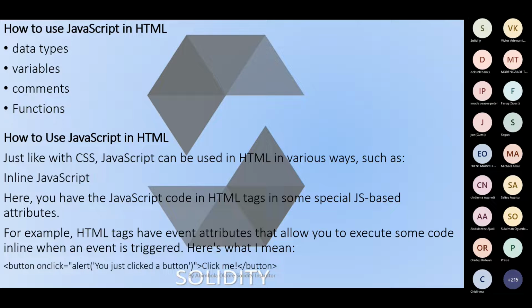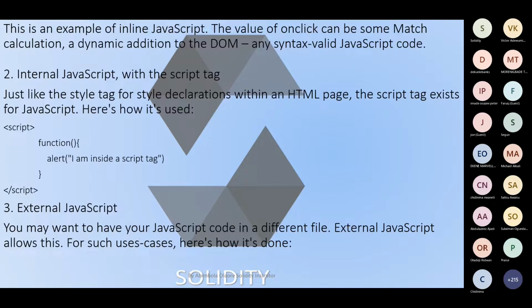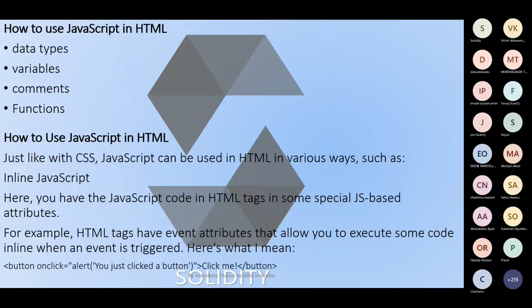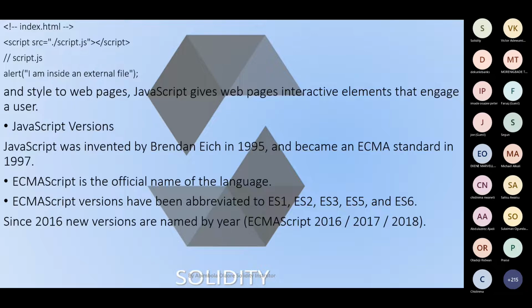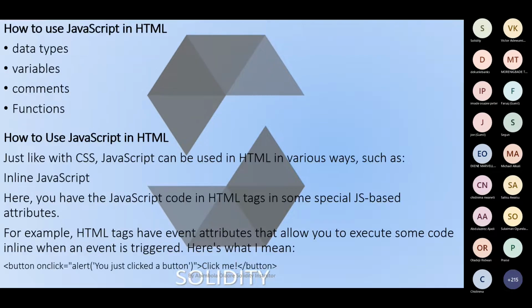Here is what I mean. You can see it on the screen. Button onclick equals quote alert, open the brackets as parentheses, single quote, You just clicked a button, close the single quote and close the bracket.